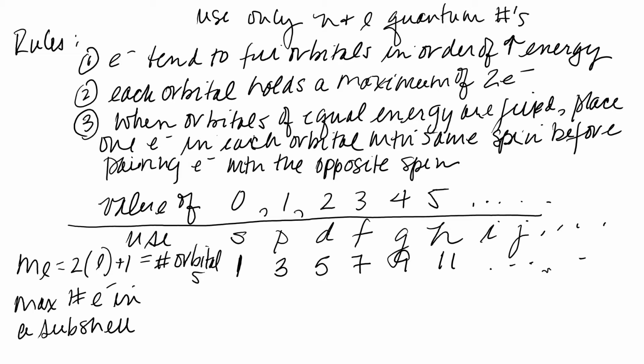So if we have one orbital, the maximum number of electrons in that subshell is 2. We have 3 orbitals in a p subshell, so the max number of electrons in that subshell is 6. This is 10, 14, 18, 22, and so on.